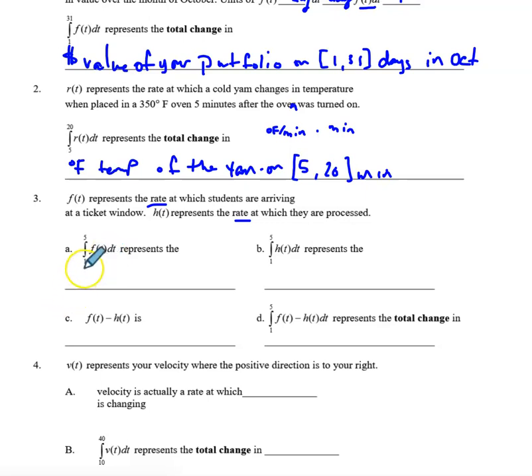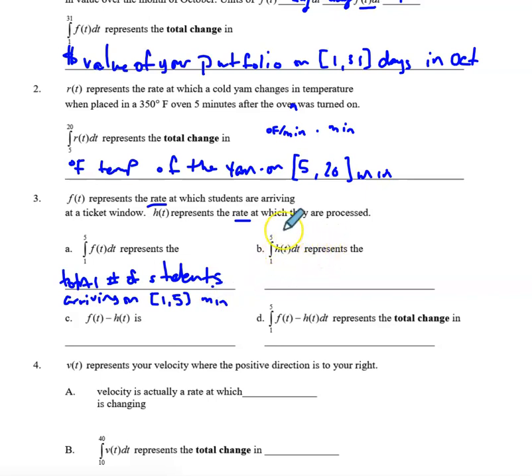So since this is the rate of arrival, it's going to be the total number of students that arrive on the interval from 1 to 5 minutes. That's a total number of students that arrived on the given time interval.